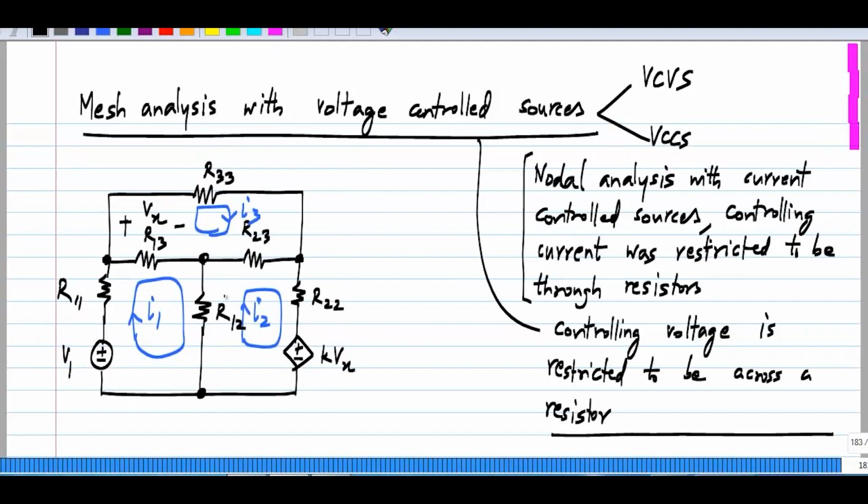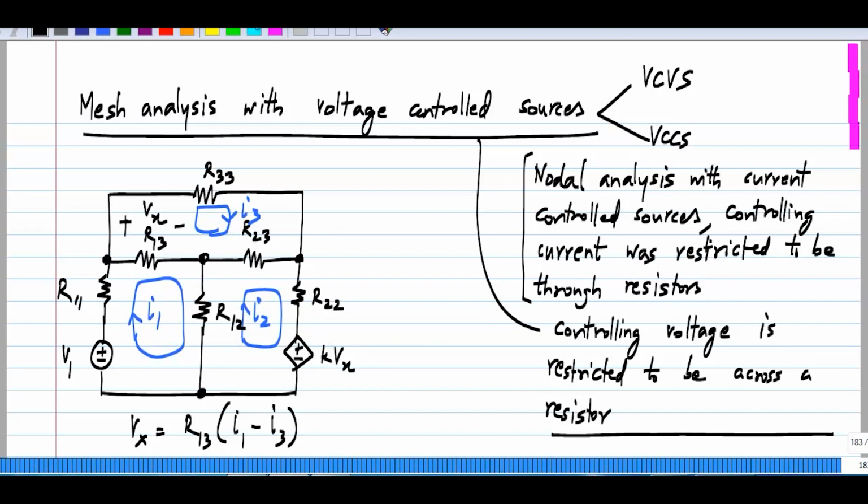So let me take this circuit, and I have defined this voltage Vx across R13, and in the second mesh, instead of a fixed voltage source in our original circuit, I have a voltage controlled voltage source KVx. Now we know that Vx is R13 times the current through R13, which is I1 minus I3.